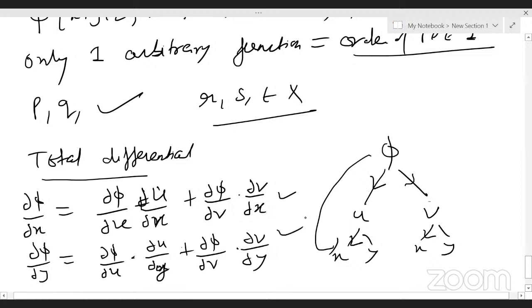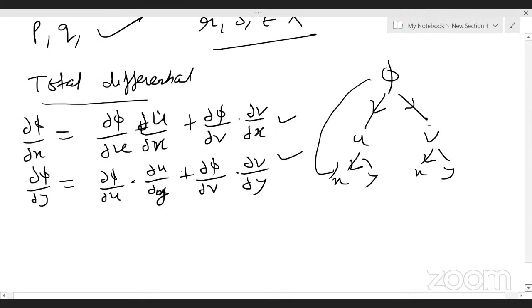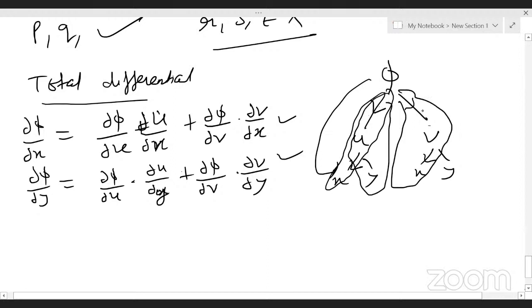In every question like this, with an implicit definition of a function, we do it in a similar manner. Let's see the question and try to do it using this total differential. You add the branches containing x, and similarly for the second part, you add the branches containing y. So this should be known to you.